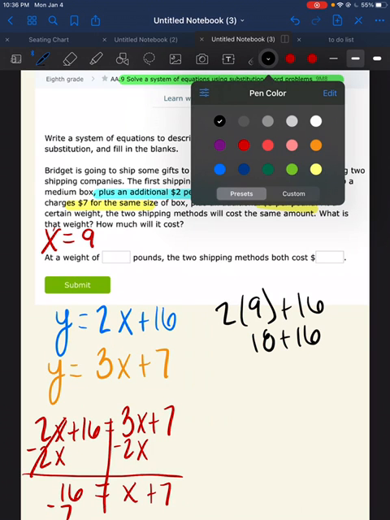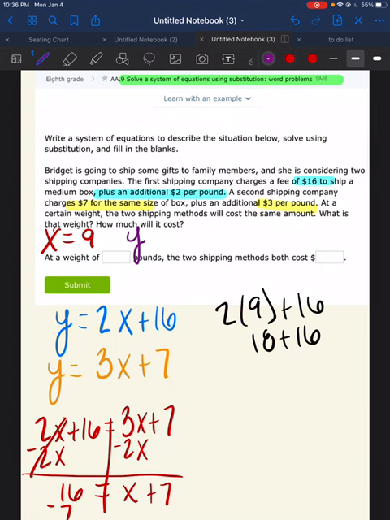And my y is going to equal 34. Okay, so you can double check that. Okay, so at 9 pounds, it's going to cost $34 for both shipping methods.